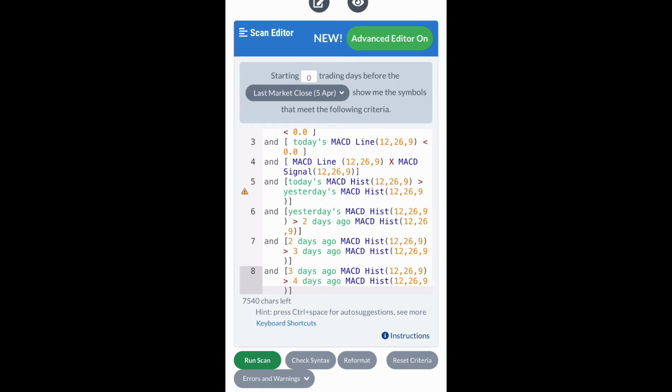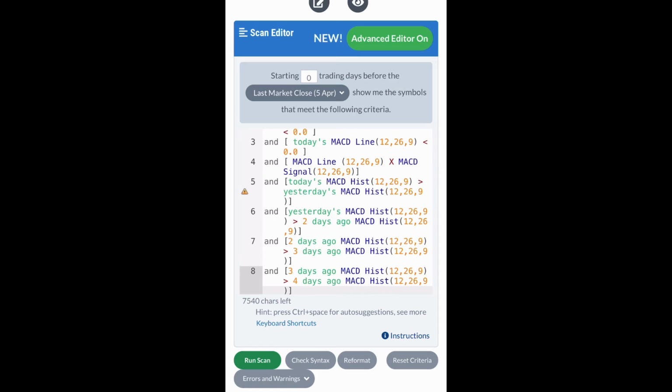So that's why you see here, today's MACD histogram should be greater than yesterday's, and then yesterday's should be greater than 2 days ago, and 2 days ago is greater than 3 days ago, and 3 days ago is greater than 4 days ago. So you can do that trend out as much as you want, but we're going to do it for 1, 2, 3, 4 days out.